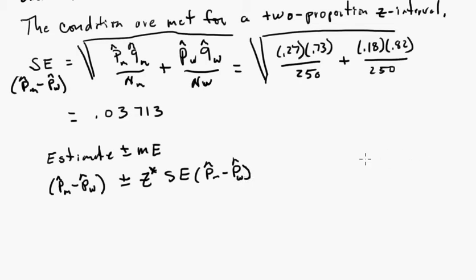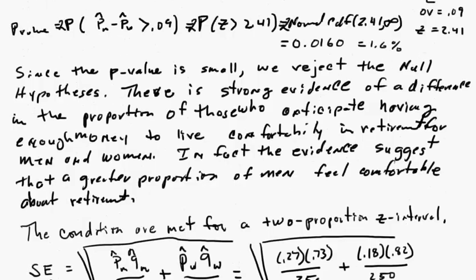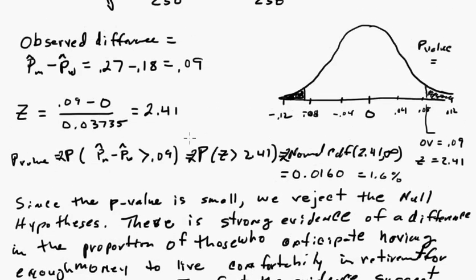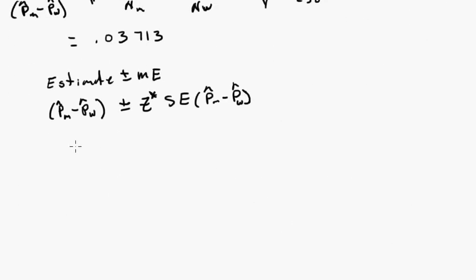The observed difference we already computed: 0.27 minus 0.18, so it's 0.09. So 0.09 plus or minus. Now we've got to get z star. I'll come back to that, but we already have the standard error, 0.03713.